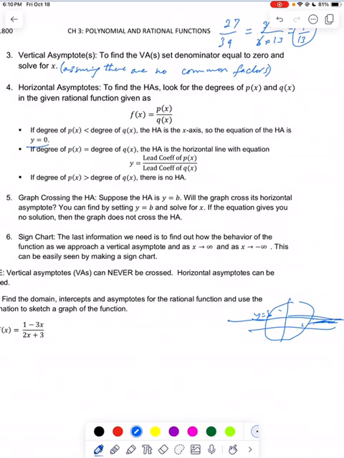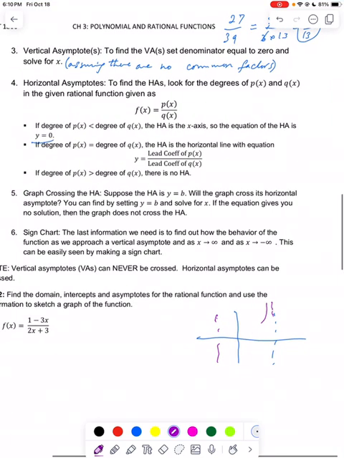Why do we need the sign chart? Well, in this case especially, it's very important, because when you have vertical asymptotes, let's say this is a vertical asymptote, and then let's say there is another one over here. We could even have another one, but let's focus on these two. You want to know whether the graph will be hugging this asymptote from this side, or from that side, like this.